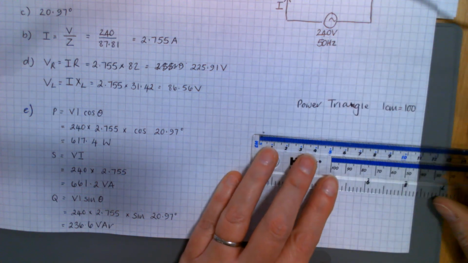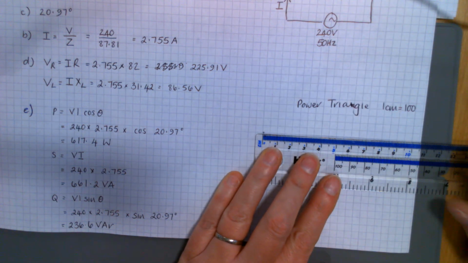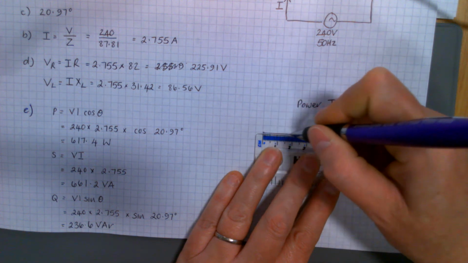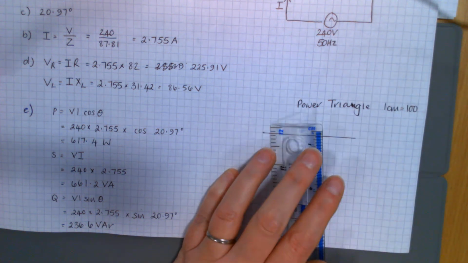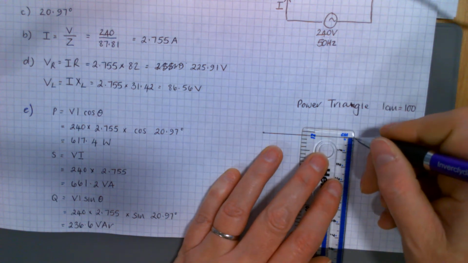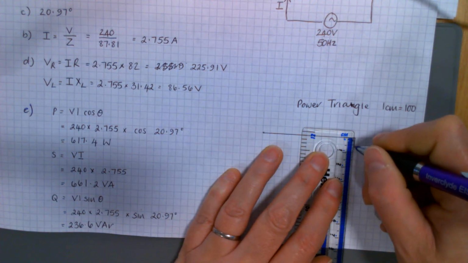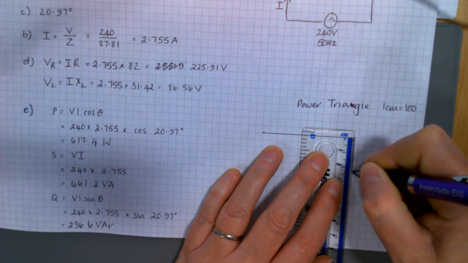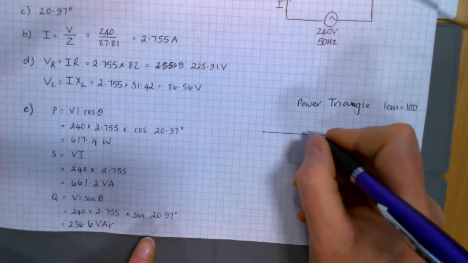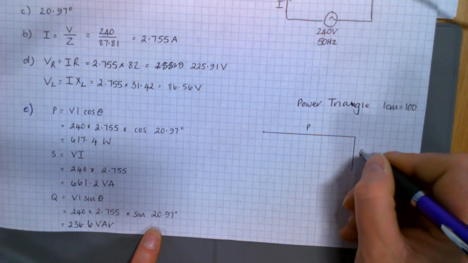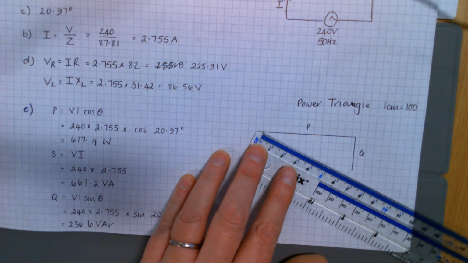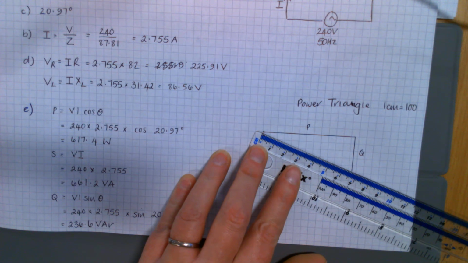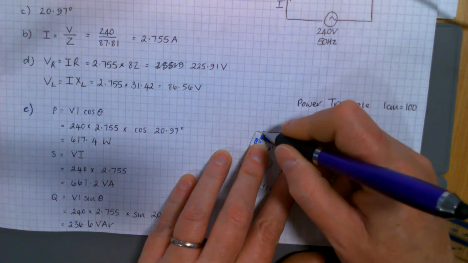Pick a starting point. My Q goes down. On that scale, my S should measure 6.6. Pretty much does, so I'm happy with that.